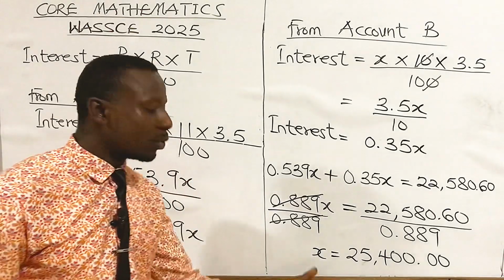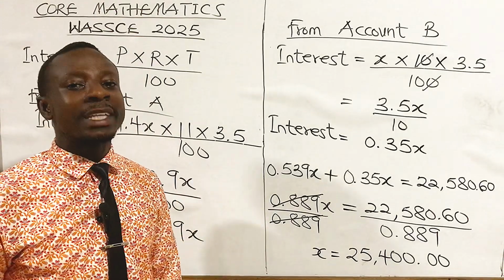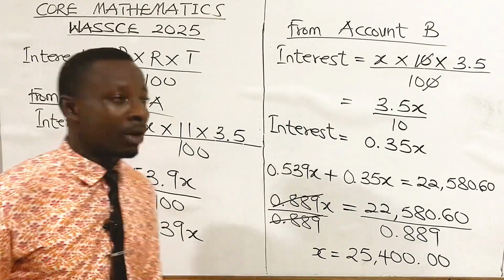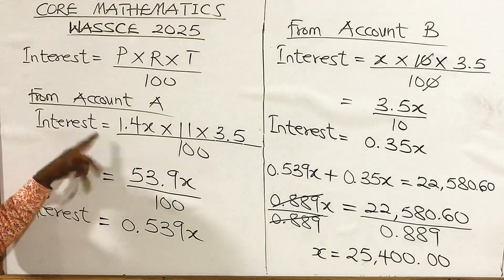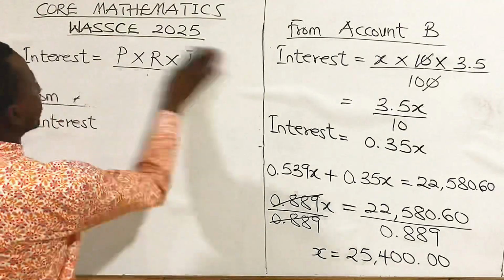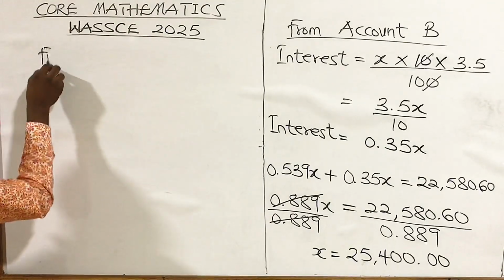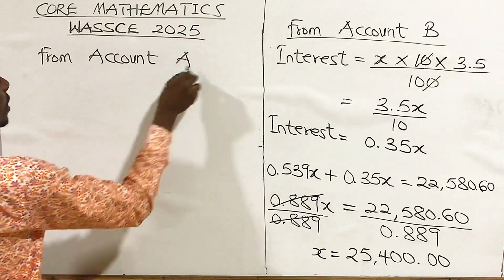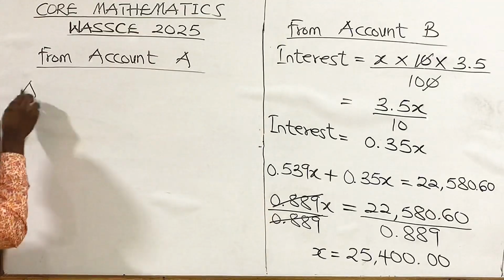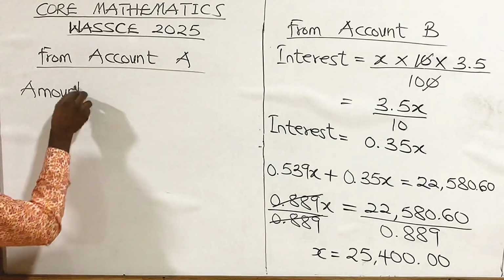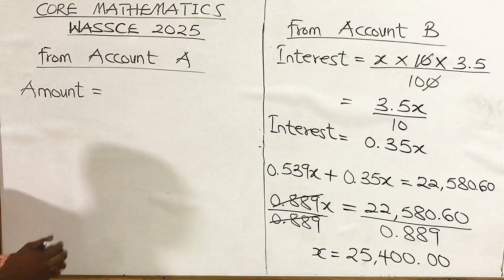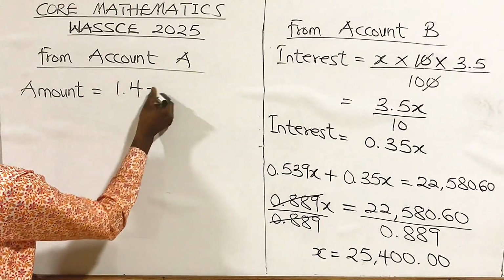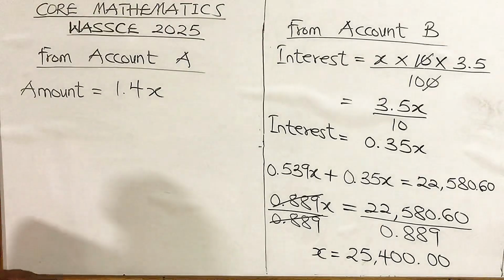Good. Since we have the value of x, we can now get the amount invested at 11%, which is account A. So from account A, the amount is, if you remember, 1.4x.